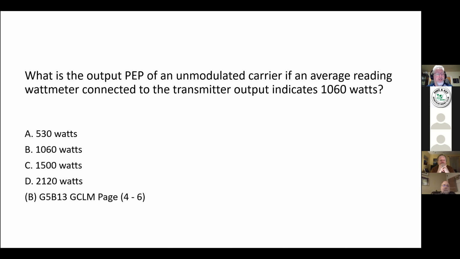Remember I said it was 100%? This is the same question that we had 2 questions ago. So it's B, Bravo, 1060 watts. Anytime it's unmodulated, look for the 100%.